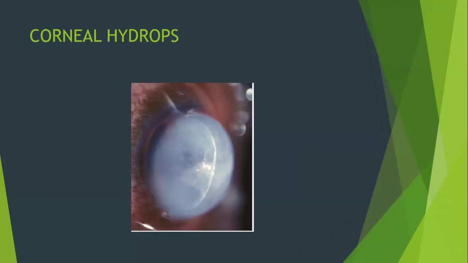First, I will assess the visual acuity of the patient. Then I will do an ASOCT to see the extent of the DM tear. In the picture, I am seeing the hydrops involves more than half, almost subtotal corneal edema.